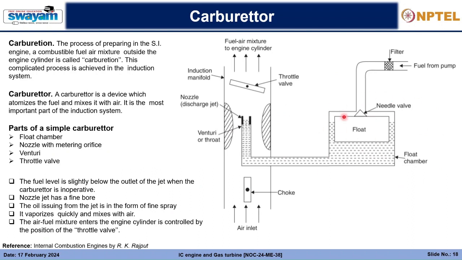This is the float chamber, wherein the fuel from the fuel pump, in a car or a bike, is first stored before it is injected out into the carburetor. The chamber which stores the fuel before injecting is called the float chamber. And why float chamber? Because it has a float. You must have seen a float in English toilet systems: while flushing, the container which contains the water has a float connected to a tap.